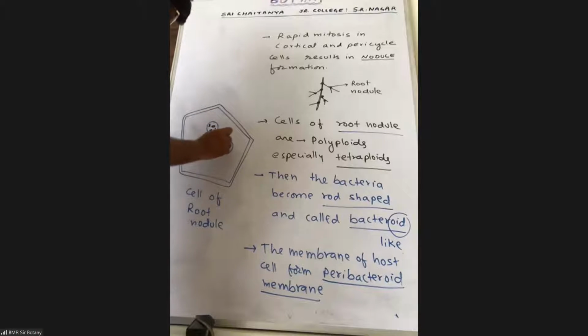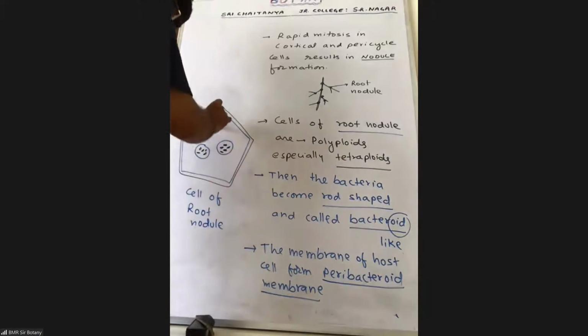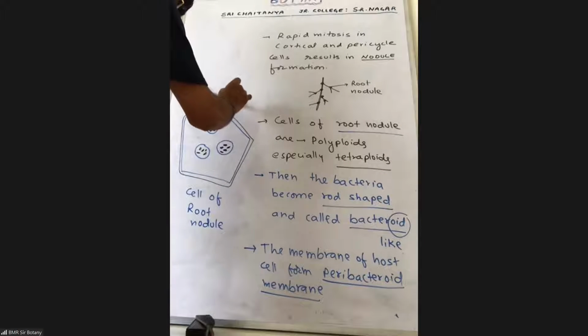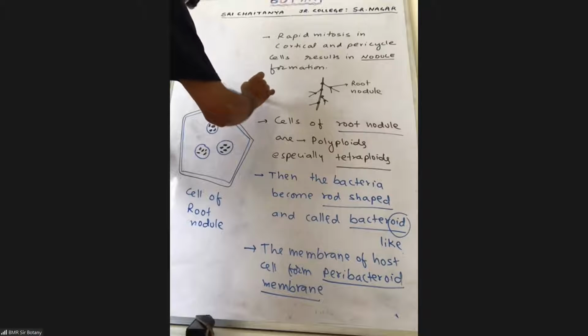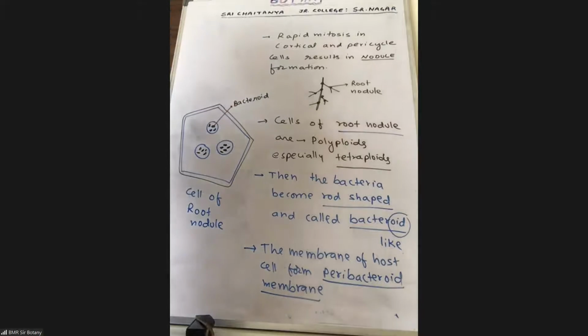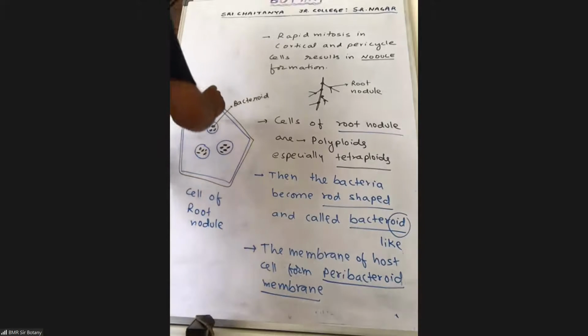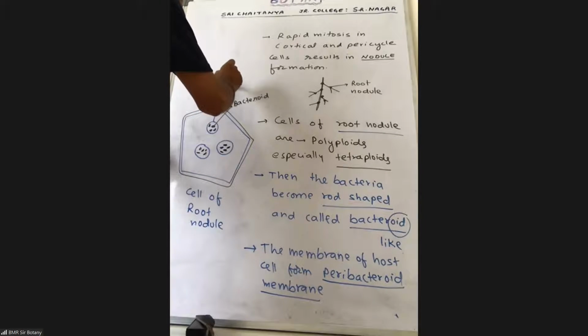What shaped are they? Rod-shaped, which we call bacteroids. So these are bacteroids, with the peribacteroid membrane.